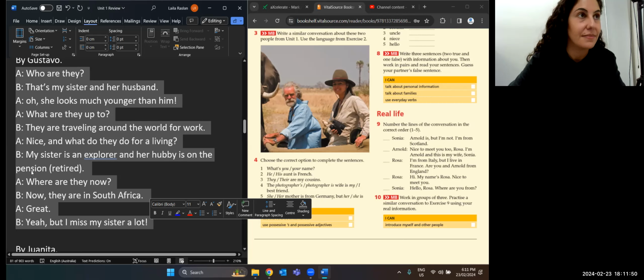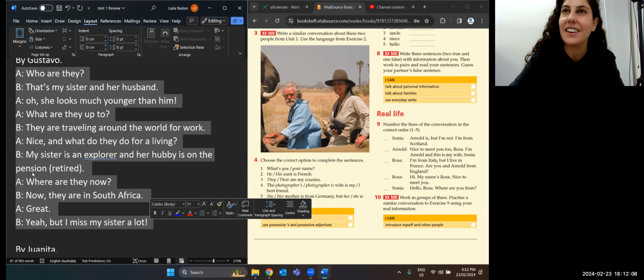Is the hotel? No. Pension. Pension means when someone has stopped working because they're too old to continue working. Maybe you're thinking hotel. We call it a pension in some places, like a one-star hotel.